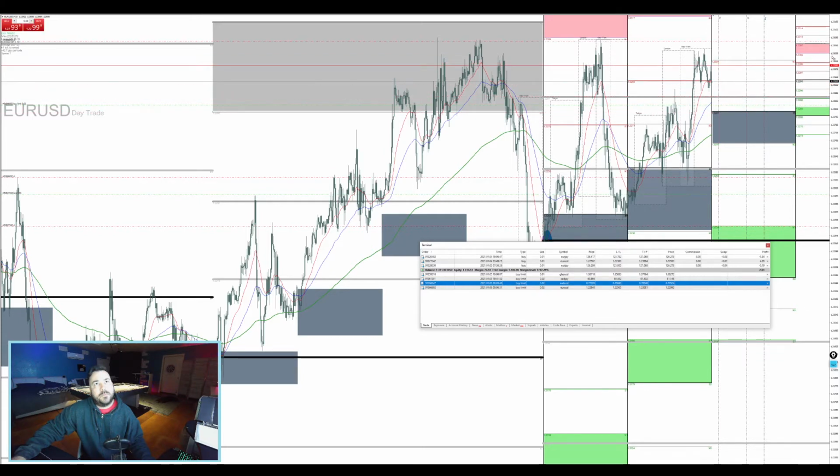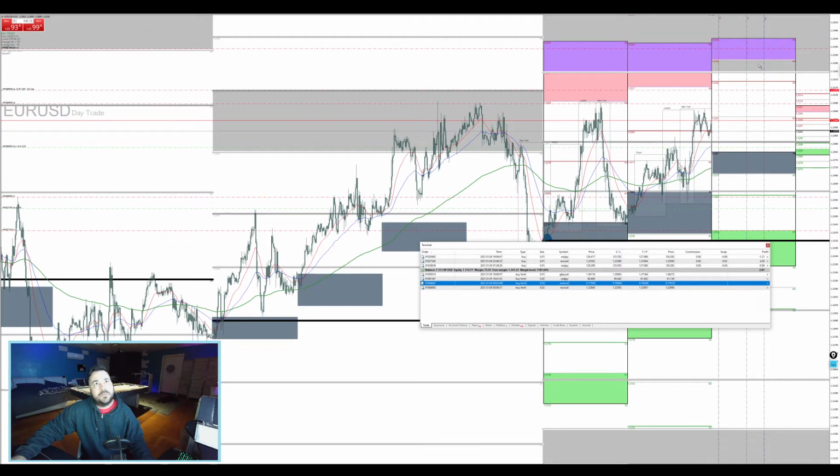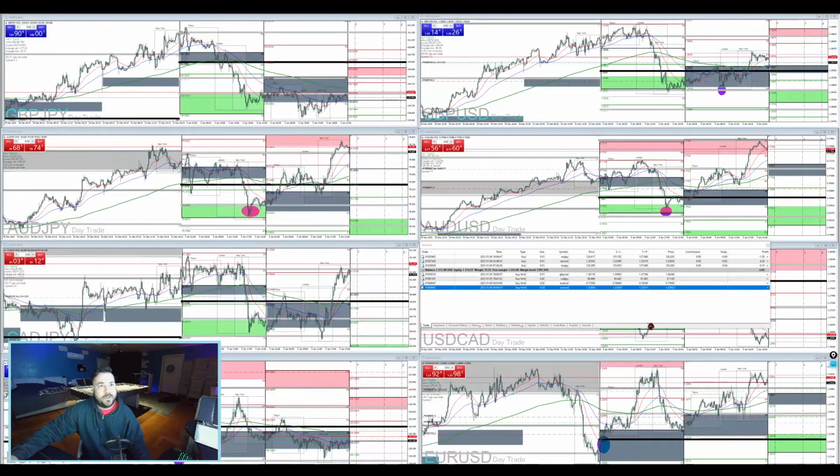And I have to modify my take profit as well on this one. Right, there we go. That's that one. Okay, moving on. I have a down box for the euro yen.